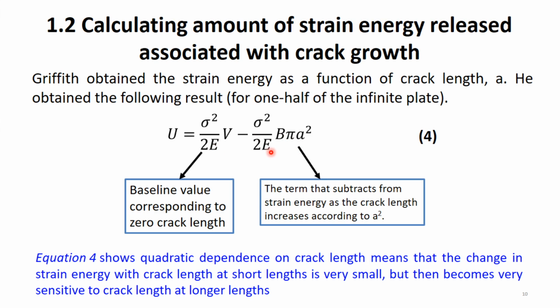Quadratic dependence on crack length means that the change in strain energy with crack length at shorter lengths is very small, but then becomes very sensitive to crack length at longer lengths. So this is the physical meaning of this quadratic dependence.